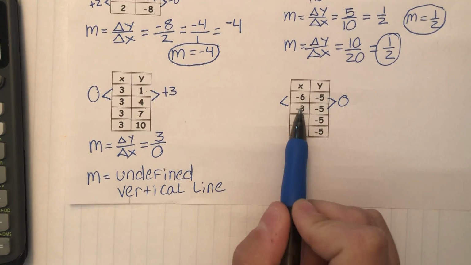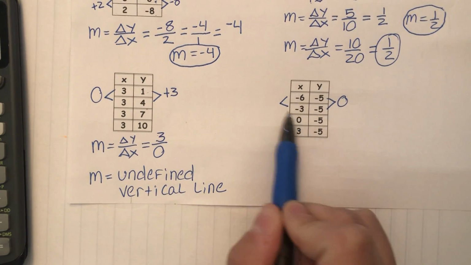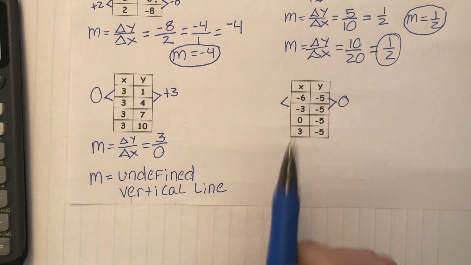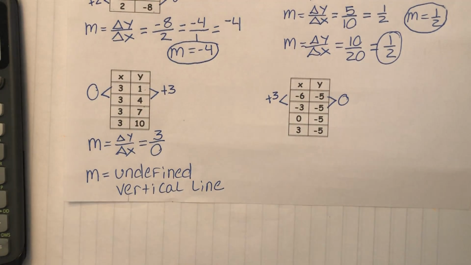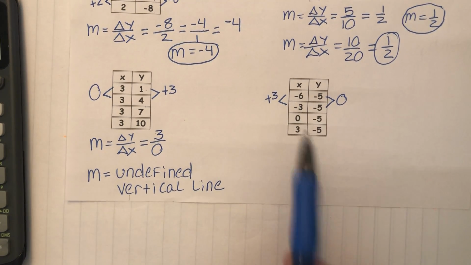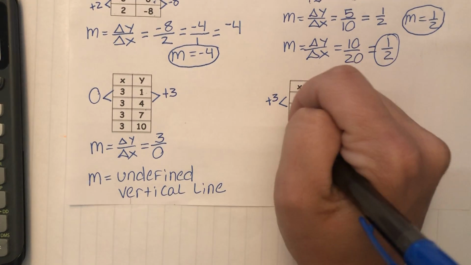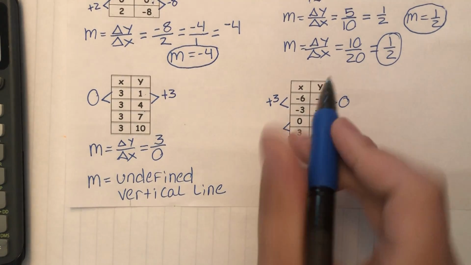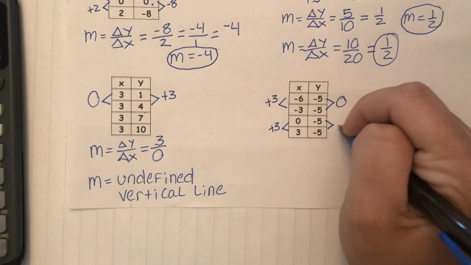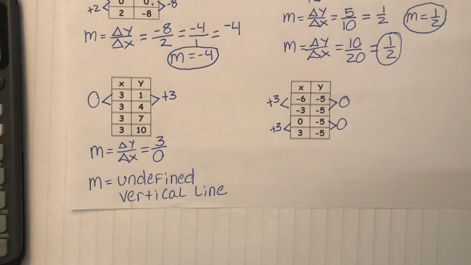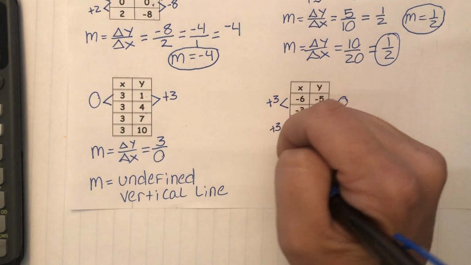What happens to -6 for it to change to -3? Well, we added 3. And if you don't like having to deal with the negative numbers, if you notice you have positive numbers down here, find the change between these points. From 0 to 3, we added 3. From -5 to -5, 0 change happened. You can pick any two as long as they're next to each other.